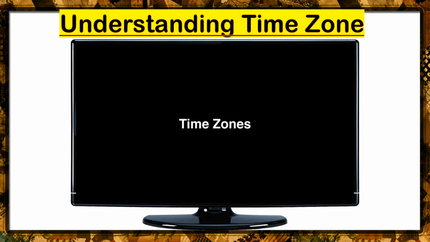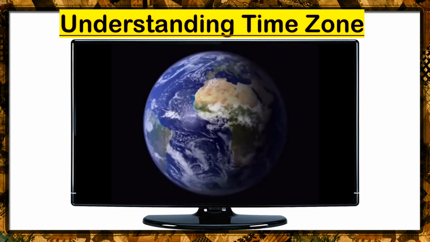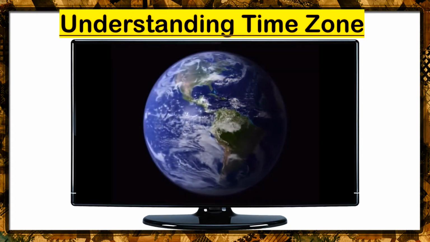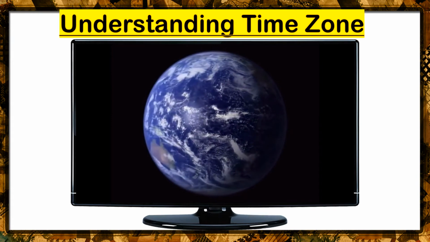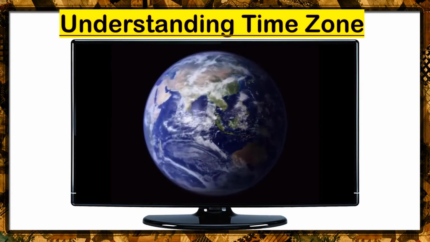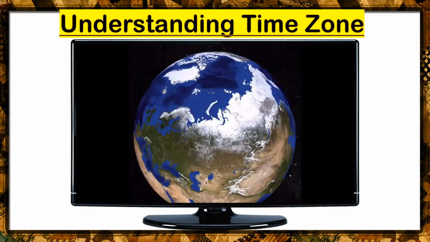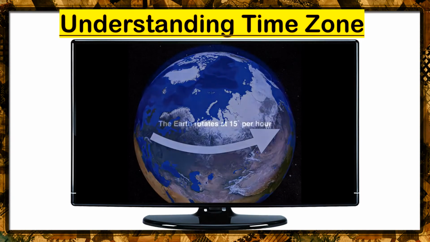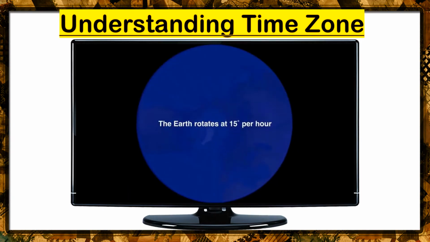Let's talk about time zones. The Earth is rotating, and that rotation is directly related to our time. The Earth rotates at the equator at a rate of about 1,000 miles per hour. If we use that math, we can figure out that every hour the Earth completes a 15-degree rotation.